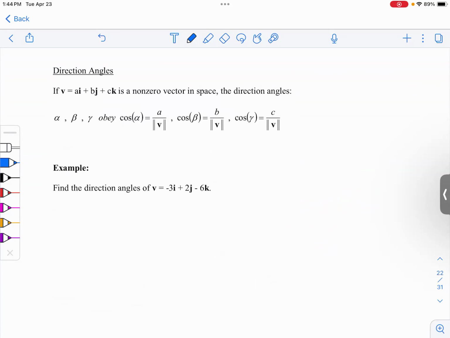All right, so additionally, we can find directional angles in 3D just like we did with the dot product in 2D. So when you have u dot v, right, and you can find the angle between them. Well, similarly, with a given vector, I can find the directional angles off of each axis. So where that vector is off of the x-axis, where is that vector off of the y-axis? Where is that vector off of the z-axis?